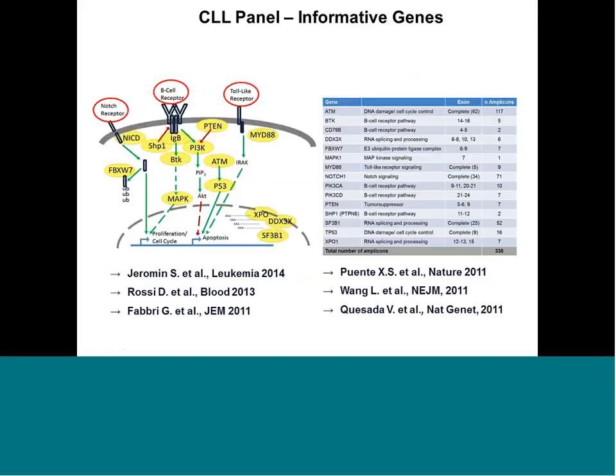And so we started out and analyzed all genes that were reported from the big international genome consortia for CLL, which is genes in the B-cell receptor signaling, in the Notch receptor signaling, Toll-like receptor signaling, also genes that signal DNA damage like P53 and ATM. And we immediately realized these genes tend to be very, very large, like ATM has 117 exons.